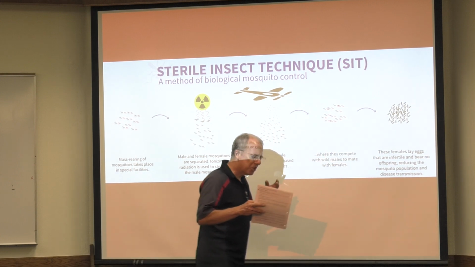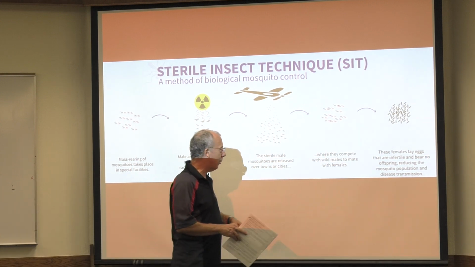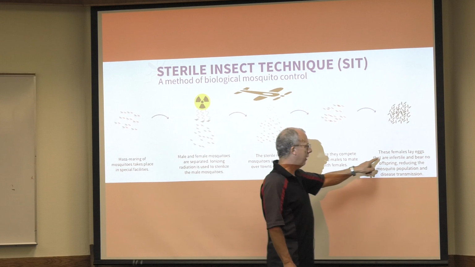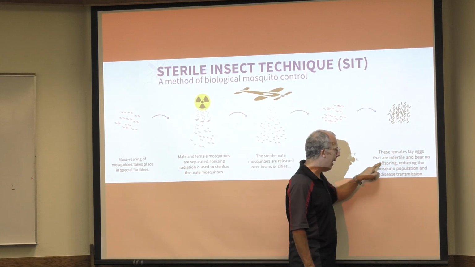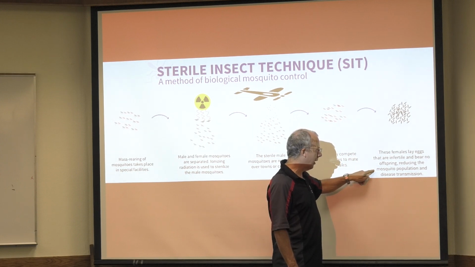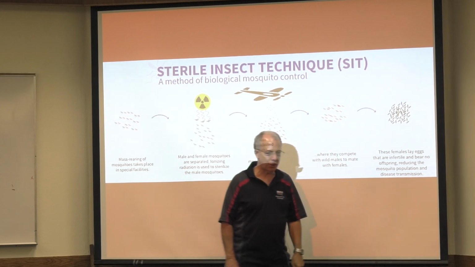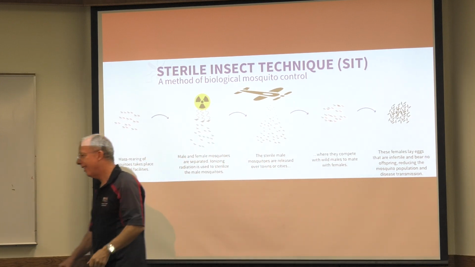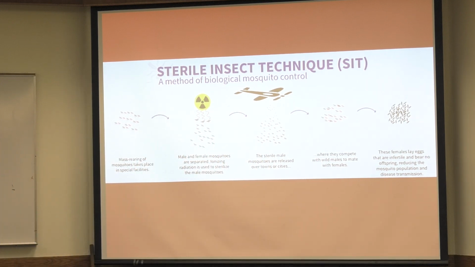When the sterile male mosquitoes mate with the female mosquitoes, these females lay eggs that are infertile, and they bear no offspring, reducing the mosquito population and the disease transmission. All right? So they expose mosquitoes to radioactivity, and it sterilizes them.